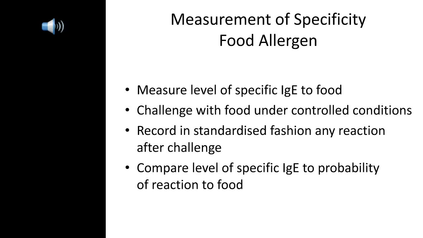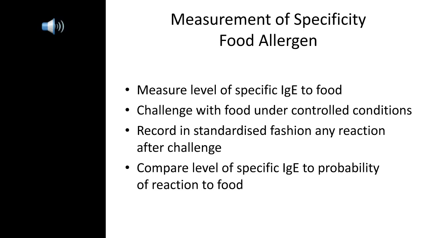I will concentrate on food allergy because this is where a lot of the attempts at improving specificity have gone into, and where it's quite remarkable what people have done, but once again it hasn't led to the be-all and end-all of solving all these problems. So in terms of measuring specificity for food allergen, what has been done on repeated occasions is you measure a level of specific IgE to food.